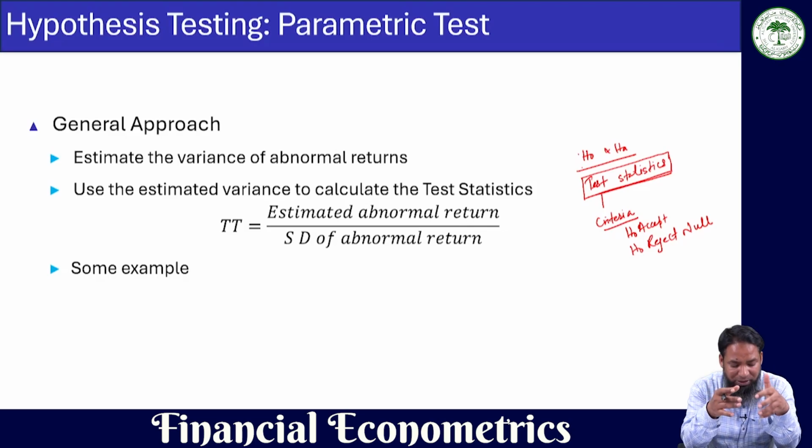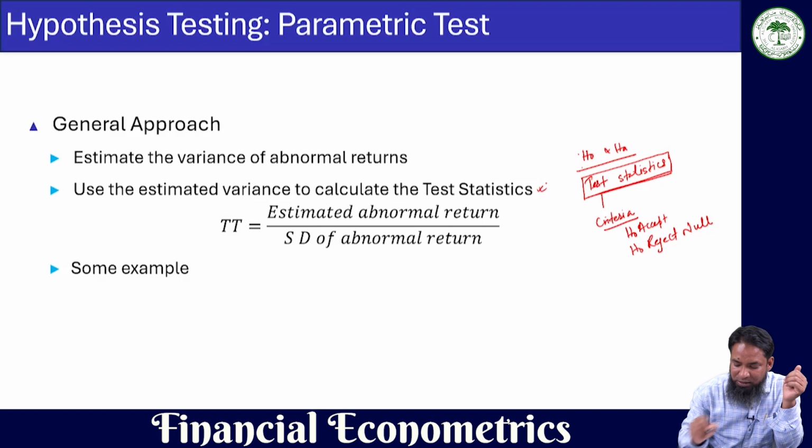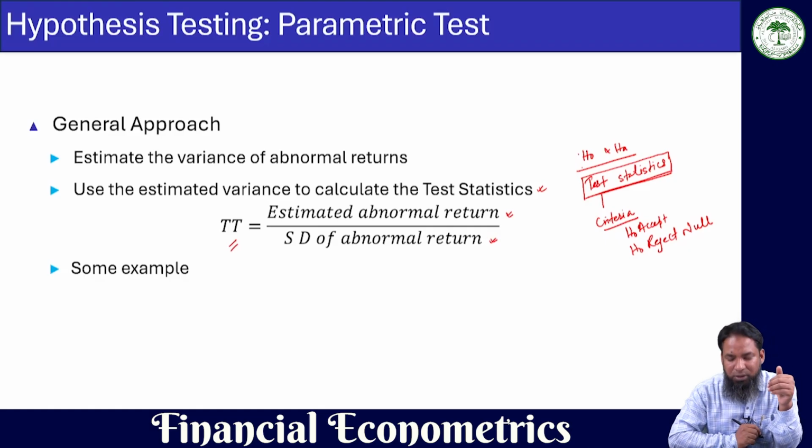Then, using that estimated variance, we calculate the test statistic. The formula is the estimated abnormal return divided by the standard deviation of the abnormal return. Then we use this test statistic to reject or accept the null.